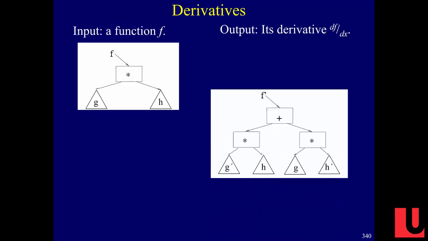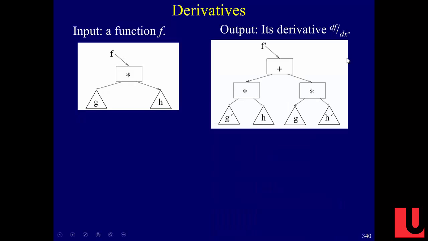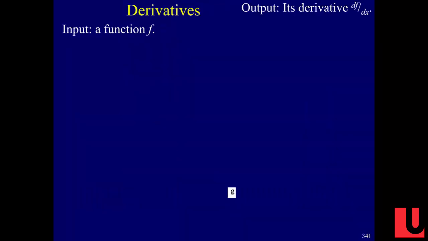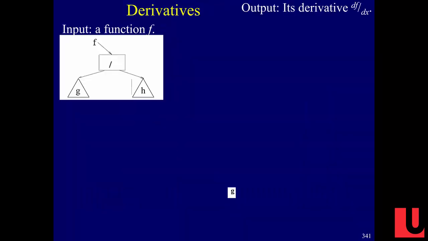If it's a product, then it's a little harder. It's the sum of g prime, the derivative of g times h, plus g times the derivative of h. So you build that little tree structure. And there's an example. And, oops, what's that little g doing down there?